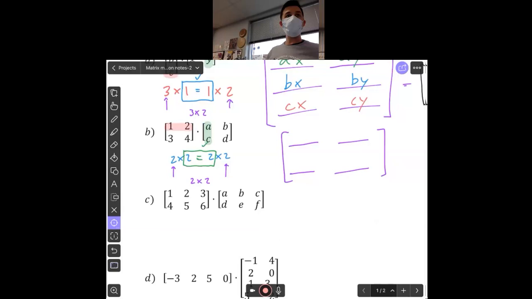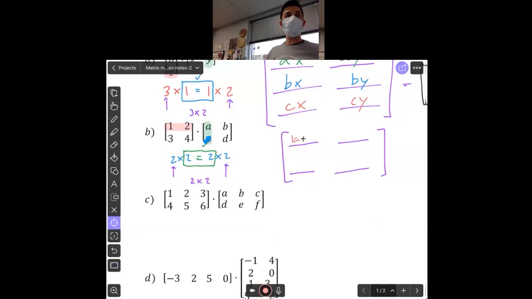So I start off with 1 times A. So of course that's just 1A. And then I add the next thing. So I move to the right, 2.